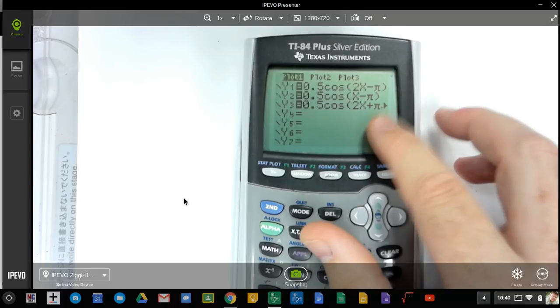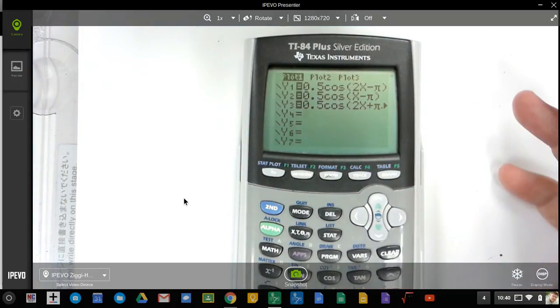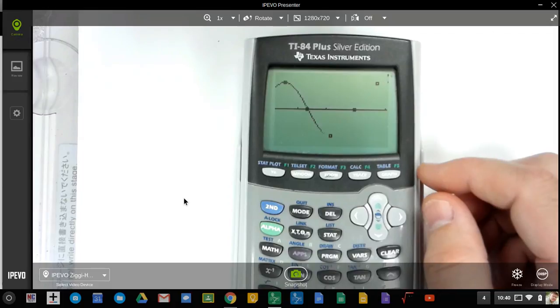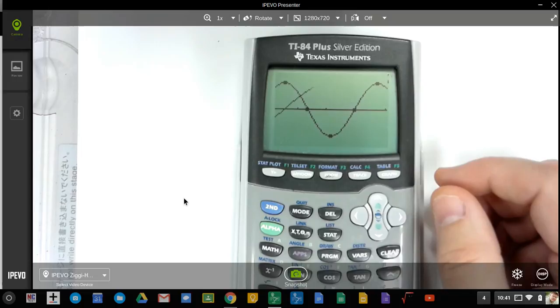Once these are typed in, you just graph it. Only one of them is going to fit it, okay? So you're looking for the one that passes through all the points. And it looks like it's going to be answer choice A, okay?